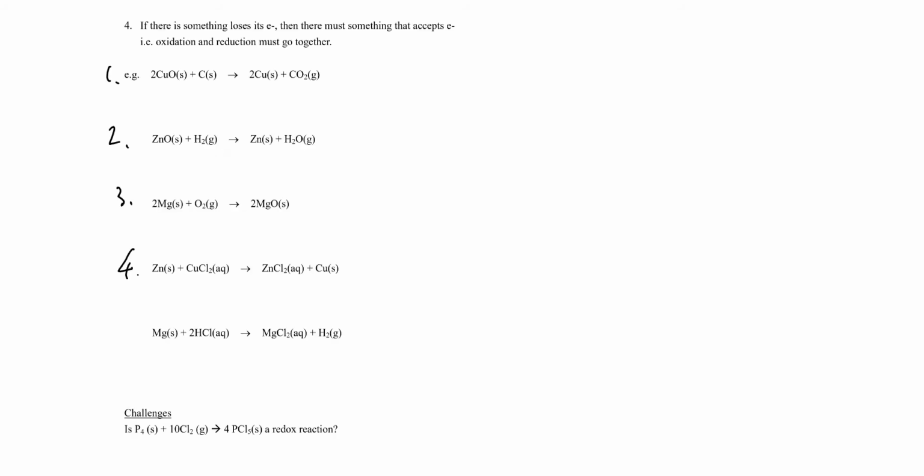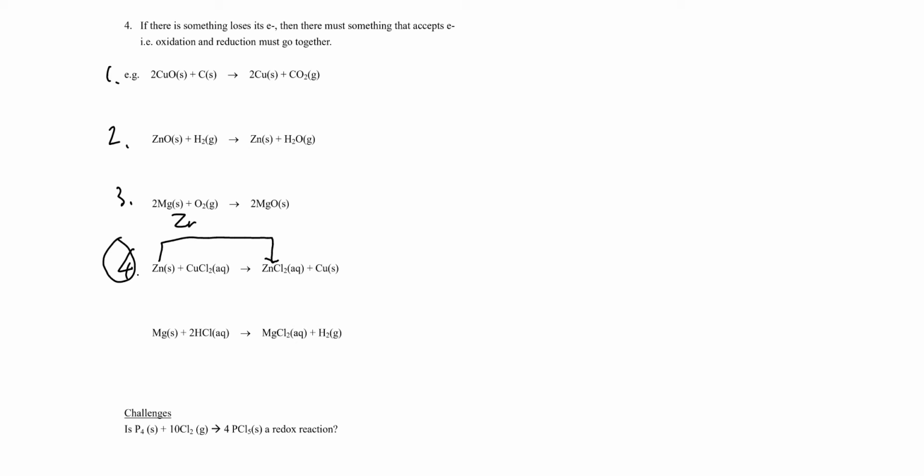But sometimes it is very difficult to use the definition of oxygen because there is no oxygen transfer in the reaction. Just like example 4, here we cannot see any oxygen atoms in the reaction. So that's why we need to use another definition, for example, making use of electrons.